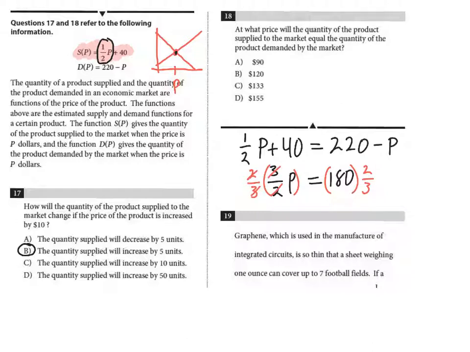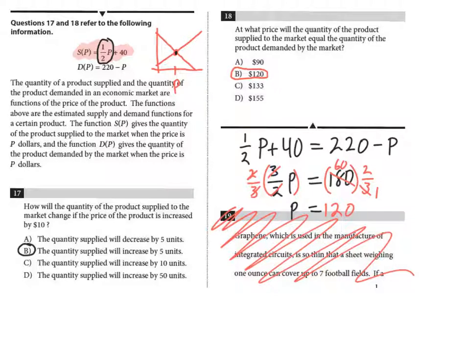We're just going to be left with P. And we can reduce this over here, I believe. We can divide the bottom by 3, we'll get 1. Divide the top by 3, we'll get 60. 60 times 2 is 120. So 120 is the price where demand equals supply. And we will continue number 19 on the next slide.